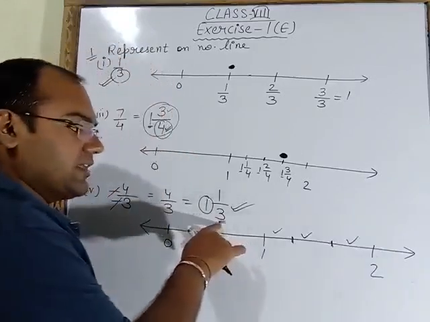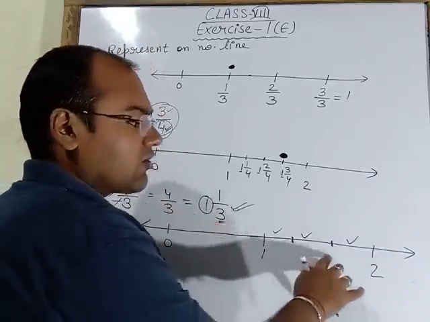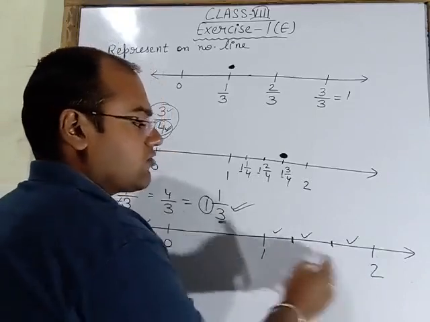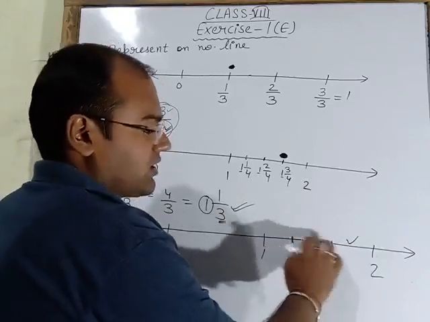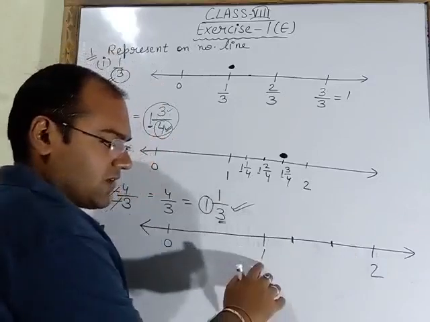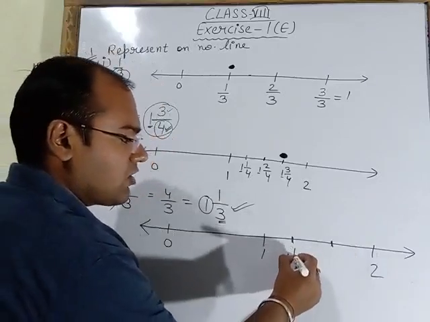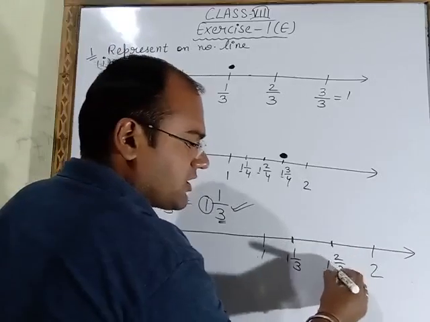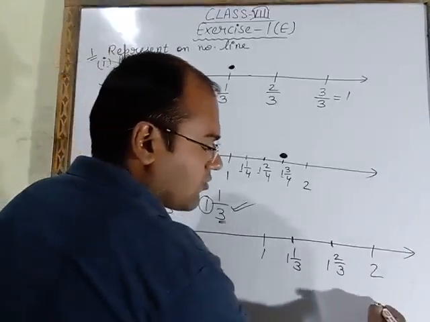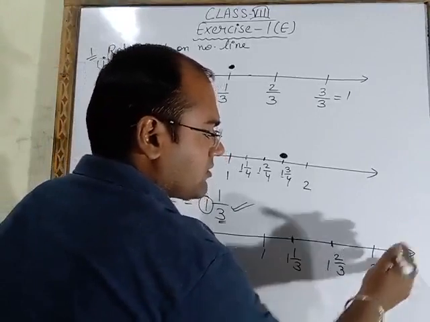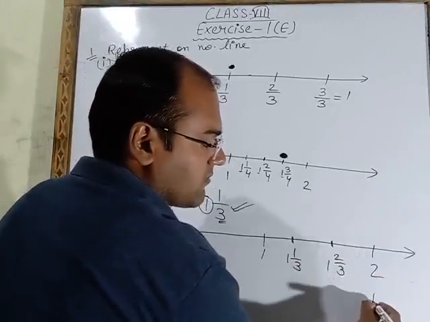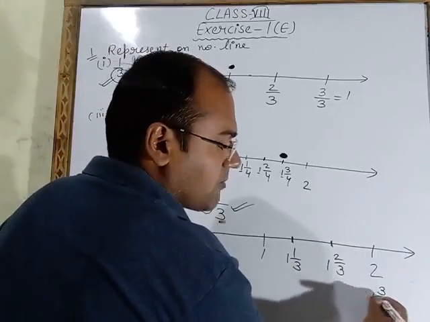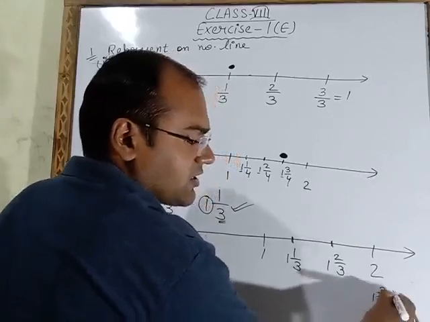So in the denominator 3 is there, we had drawn 2 marks, so that between 1 and 2 we will get 3 divisions. Now this is 1, next one will be 1 whole 1 upon 3, next one will be 1 whole 2 upon 3, and further next will be 1 whole 3 upon 3. 3 ones are 3, 3 ones are 3.